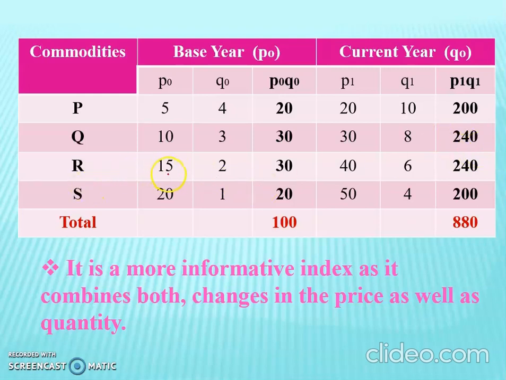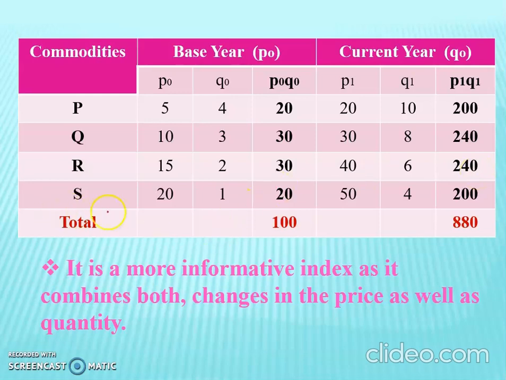Then for commodity R, the price is 15 and 2 is the quantity, which means 15 into 2, that is 30, is the value of that particular product in the base year, while in the current year 40 is the price and 6 is the quantity. So 40 into 6, 240 is the value index number in the current year.